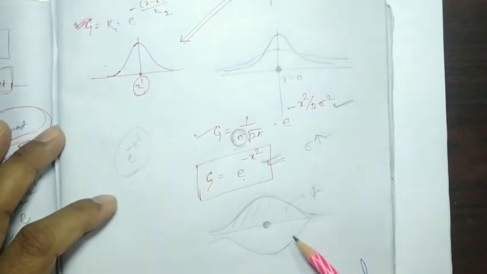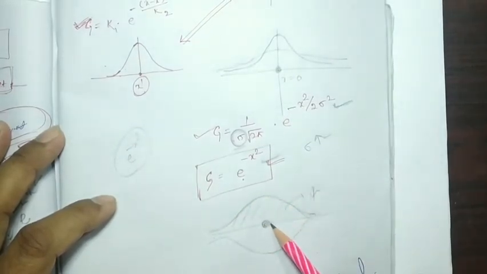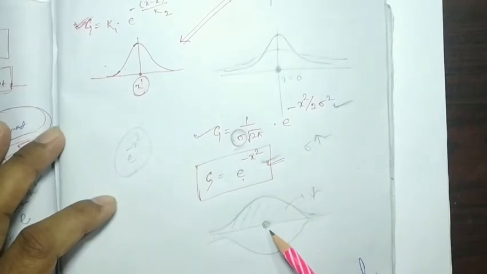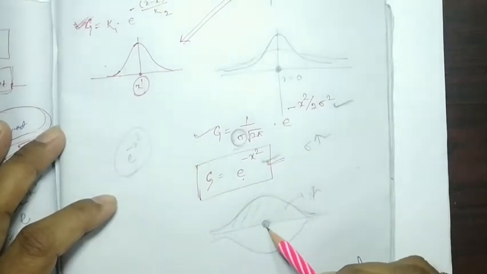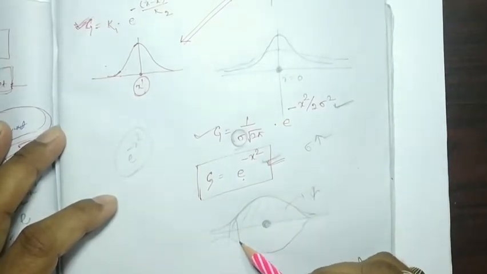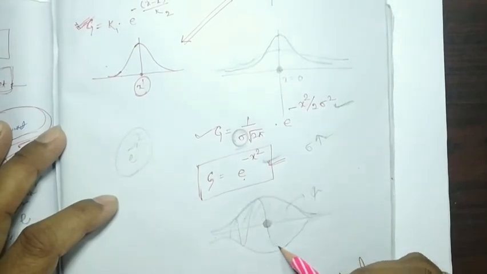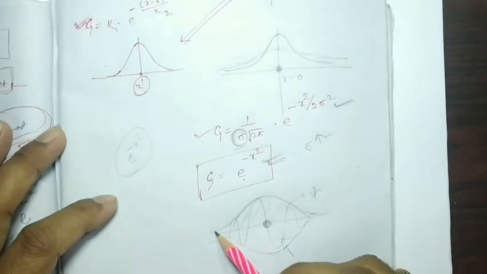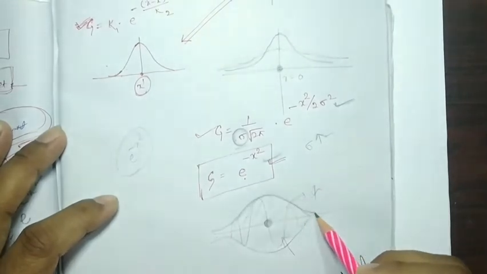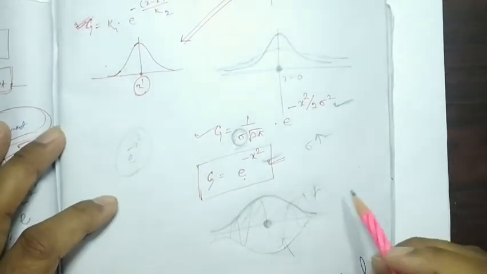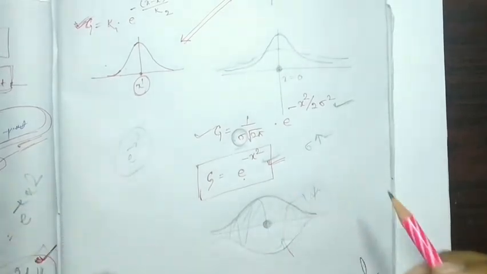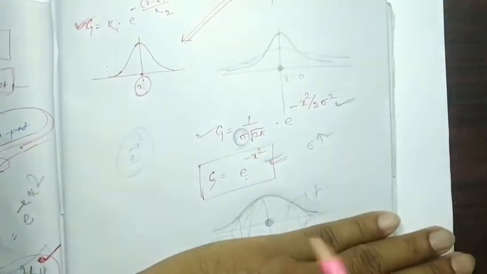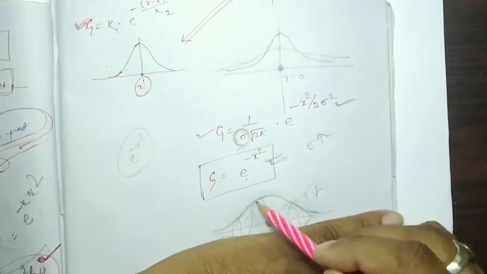We discussed that this is a wave packet, having both wave nature and particle nature. Suppose this is the particle, and its superposition of waves will be like this, and this is called the wave packet. This is nothing but the real part of the wave function. If we consider only this much, it looks like a Gaussian function.